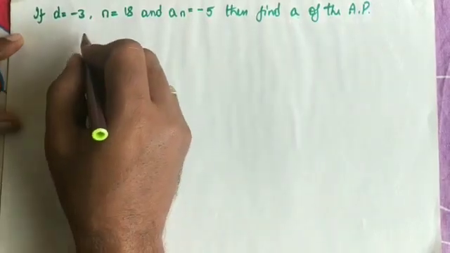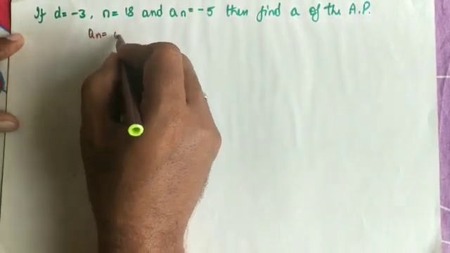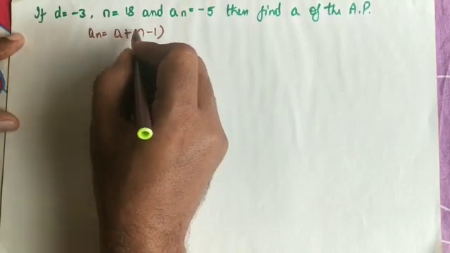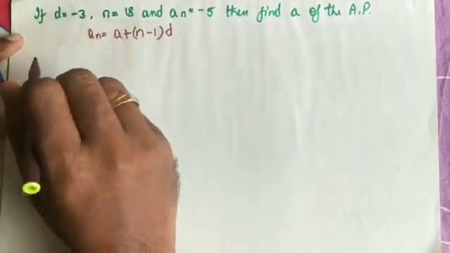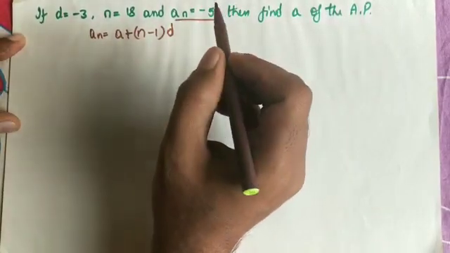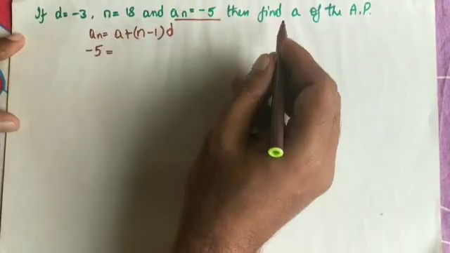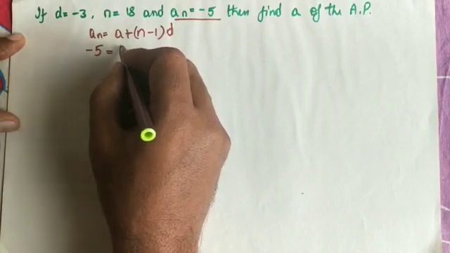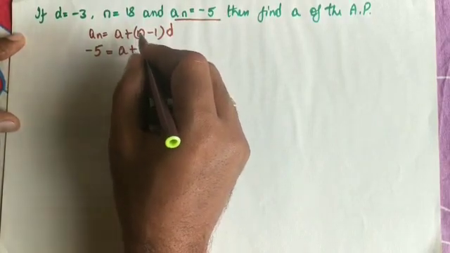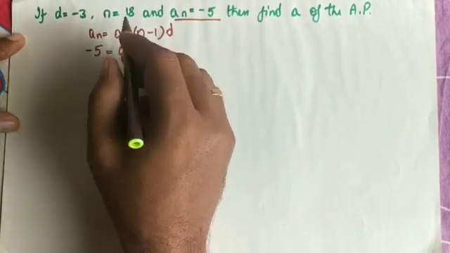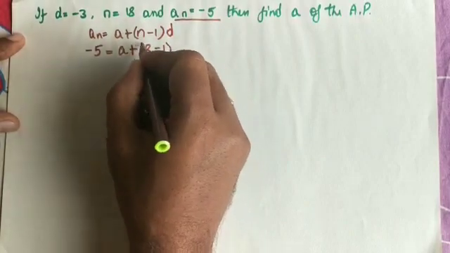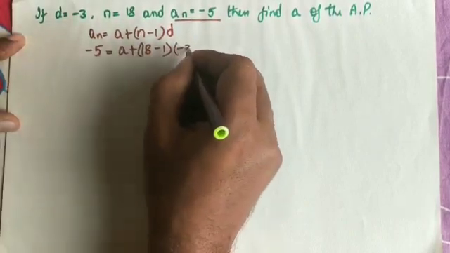By using the formula an is equal to a plus n minus 1 into d, we can calculate this. Minus 5 is equal to a, which we have to calculate, plus 18 minus 1, and the common difference d is minus 3.